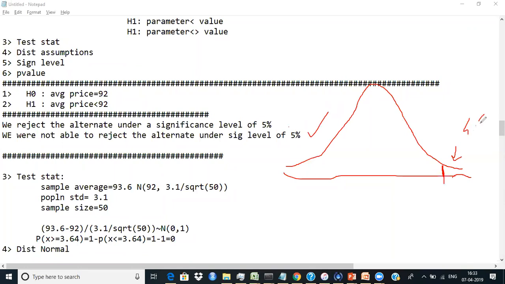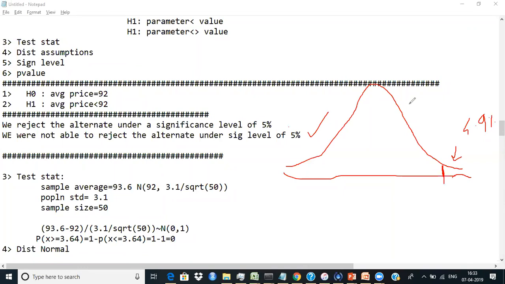What does this 4.9% signify? This 4.9% signifies that there is a 4.9% chance that the alternate should be accepted. So we will never say absolutely reject, because there is always a chance. We are dealing with probabilities here, right?